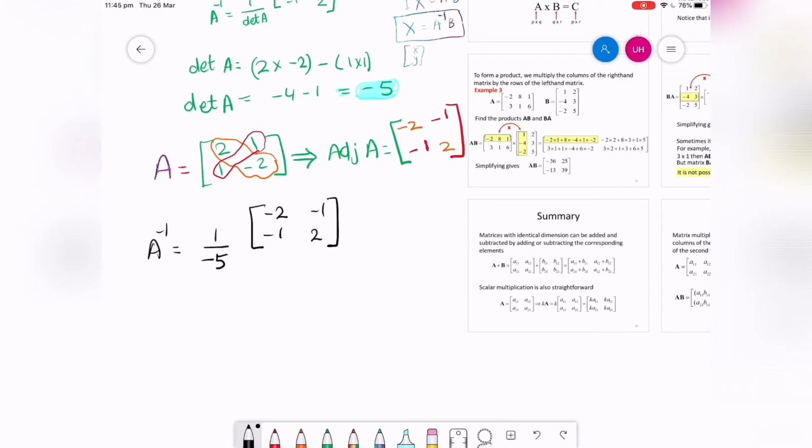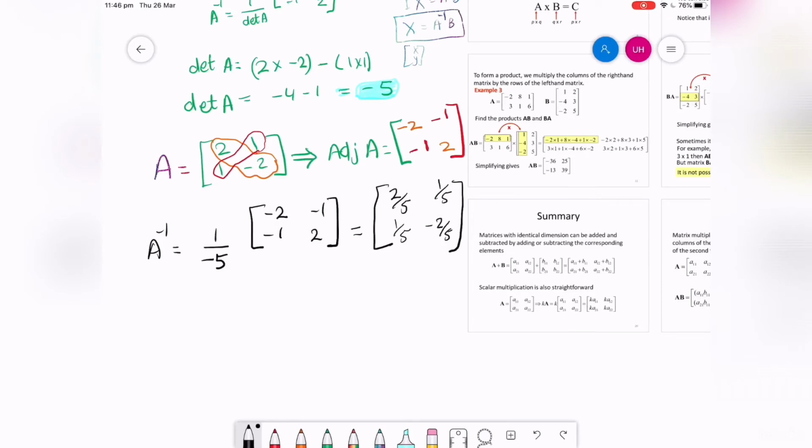We can just leave it like this, or you can write it this way: minus 2 times minus 1 over 5 is 2 over 5. Minus 1 over 5 times minus 1 is 1 over 5, and again 1 over 5. And minus 1 over 5 times 2 is minus 2 over 5. So this is basically the inverse matrix.